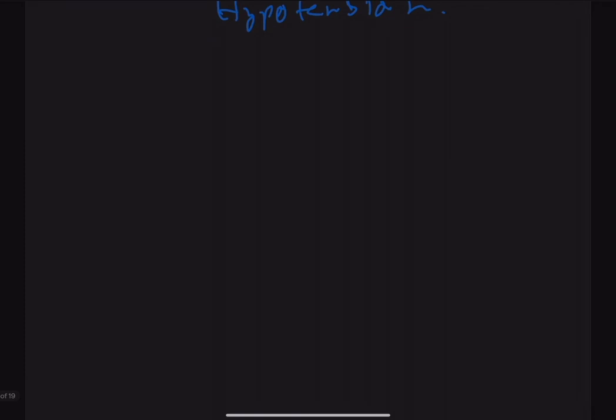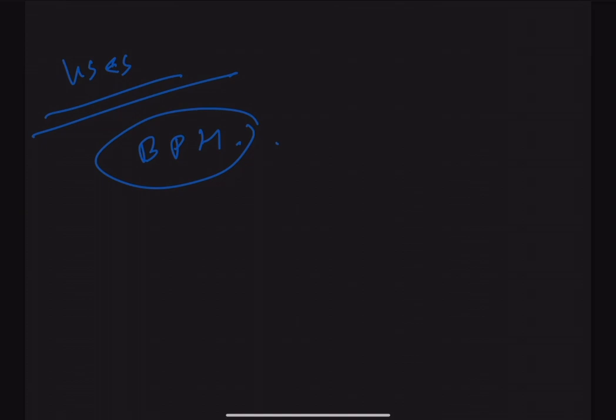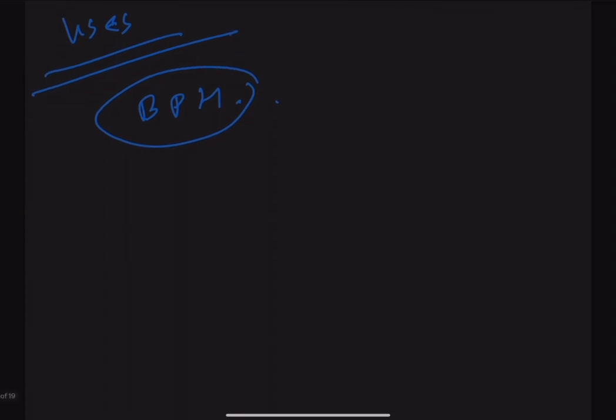Now let's see the uses of alpha 1 adrenergic antagonist. We have talked about benign prostatic hypertrophy. Then I want to talk about pheochromocytoma.